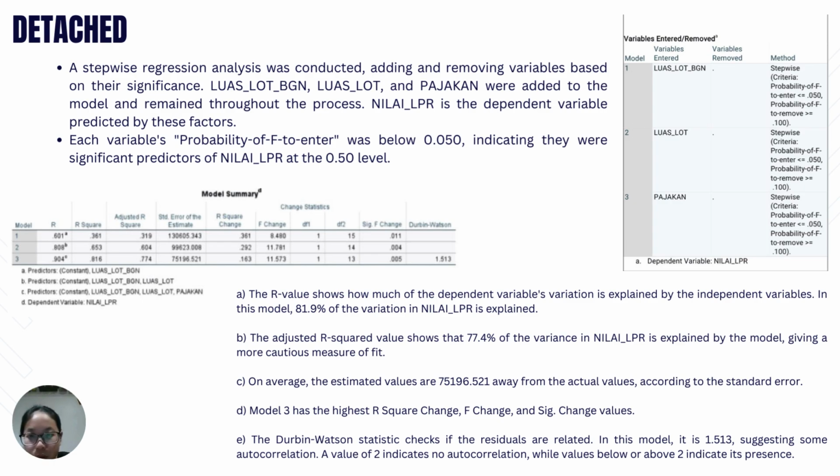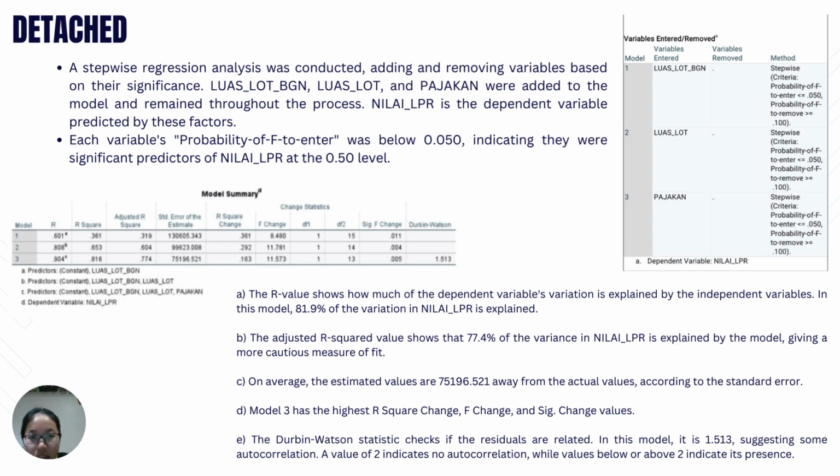I'm going to present about the terrace housing. A stepwise regression analysis was conducted, adding and removing variables based on their significance. Luas lot bangunan, luas lot, and pajakan were added to the model and remain throughout the process.